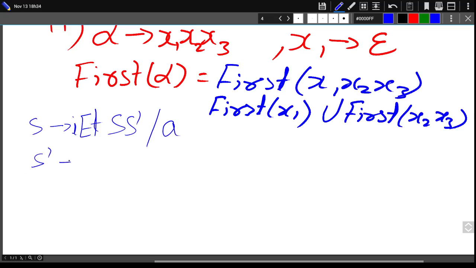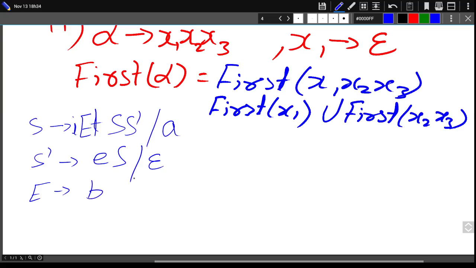This S dash gives E, S, as well as it also gives epsilon, and this E gives B, okay.